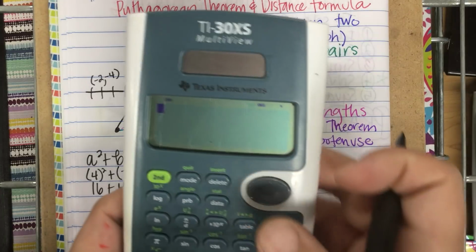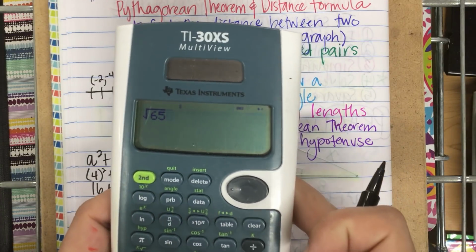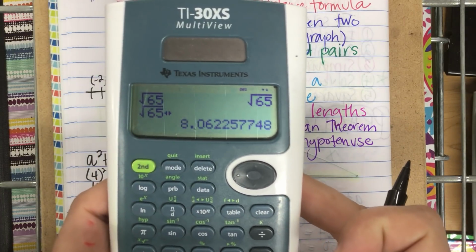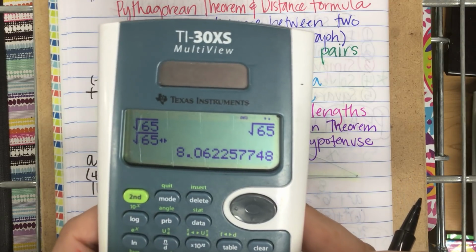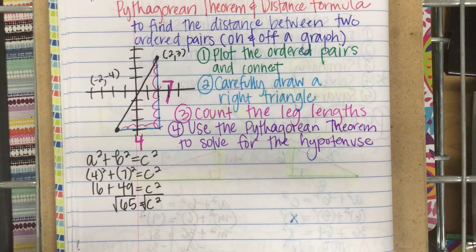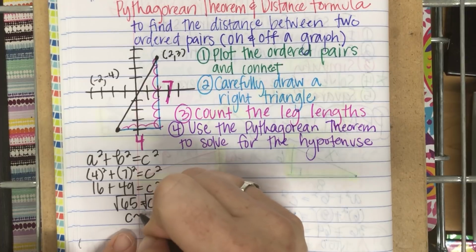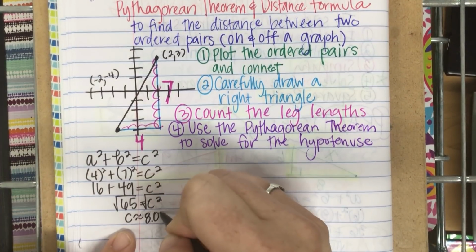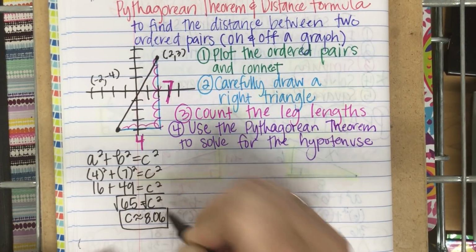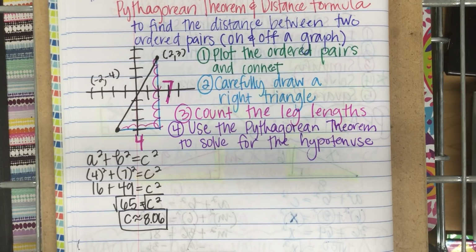So the square root of 65, and I convert it using my conversion button, 8.06. C is 8.06. So that's the Pythagorean theorem.